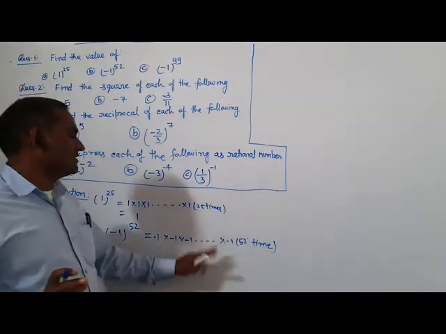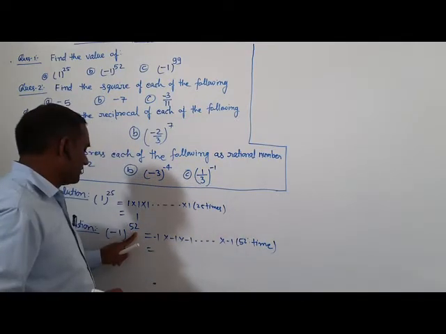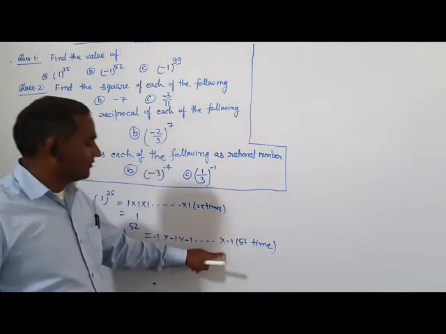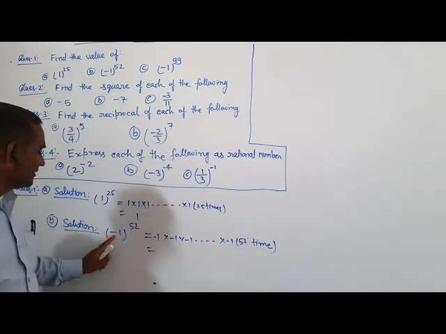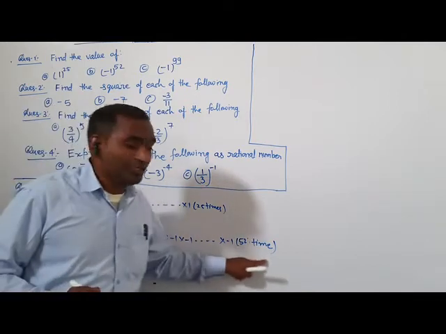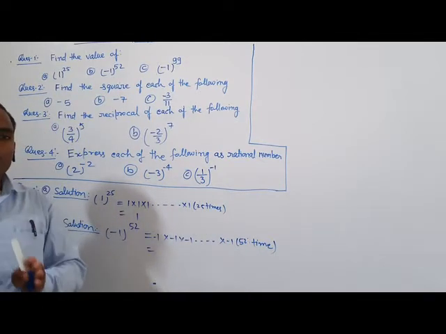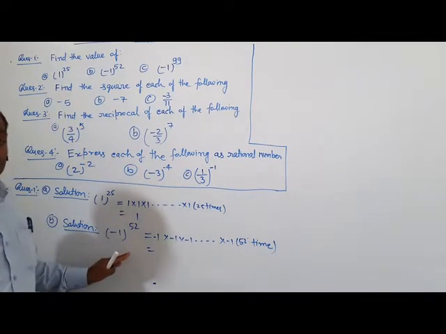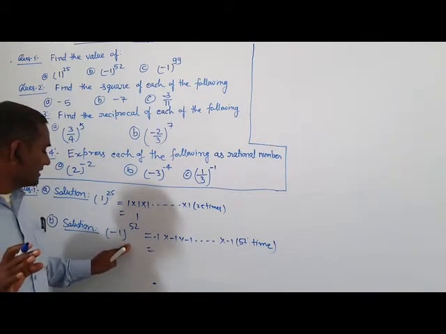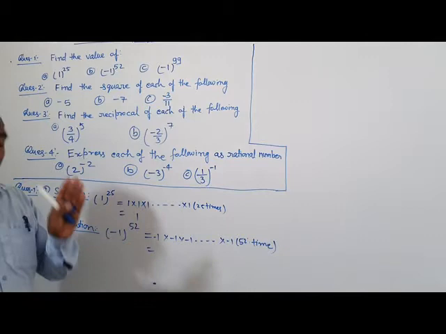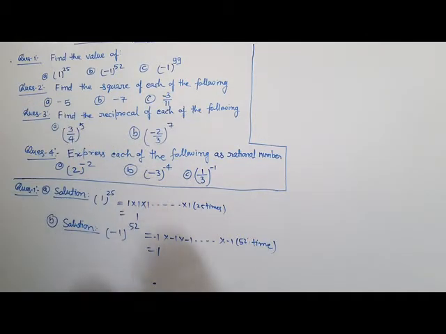So 1 into 1 into 1, the product will be positive because the number of minus signs is 52, because we have to write -1 52 times. 52 times means the number of negative signs is even. So in those cases the product is positive, and 1 into 1 into 1. The value of this is 1.